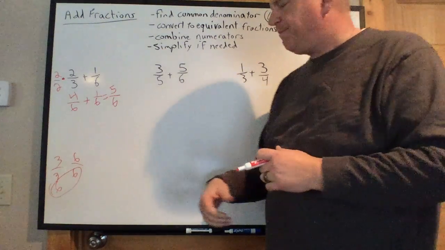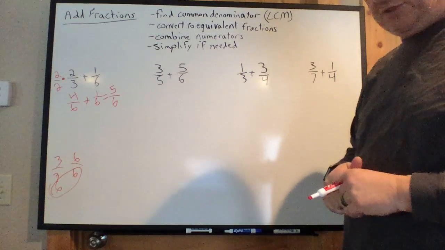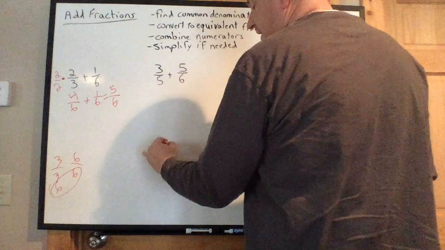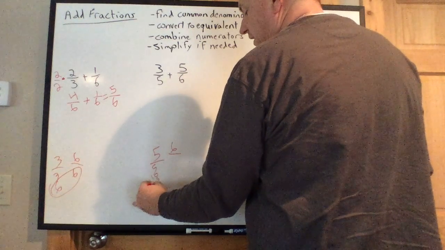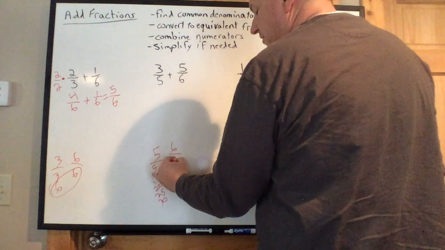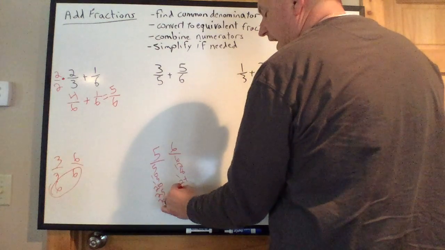Now I look at my next problem, 3/5 plus 5 over 6. Finding my common denominator, I have my 5's and 6's, so 5, 10, 15, 20, 25, 30, and we have 6, 12, 18, 24, and 30.